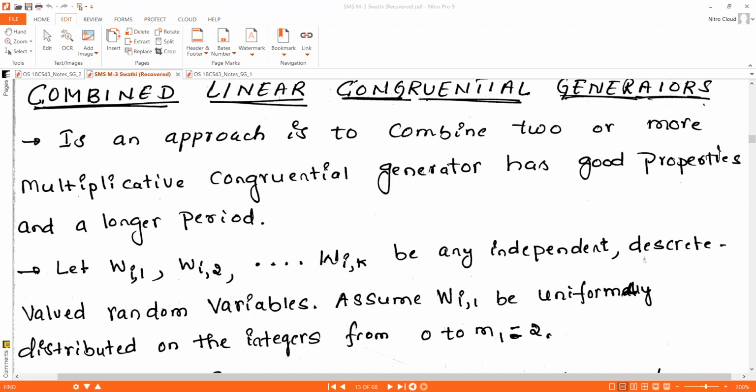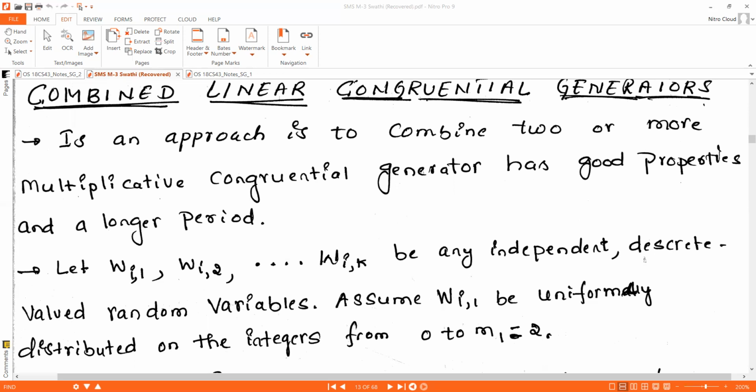So we are assuming that Wi,1 follows both random number properties, independence and uniformity, and it lies in the range 0 to m1 minus 2.